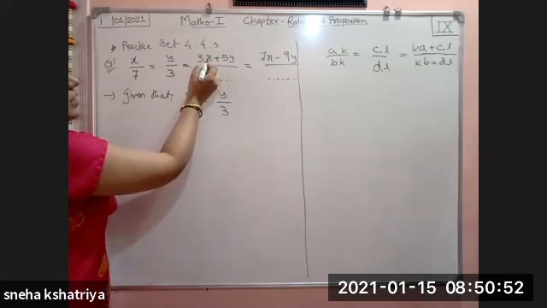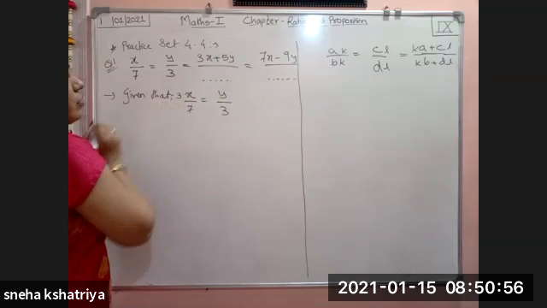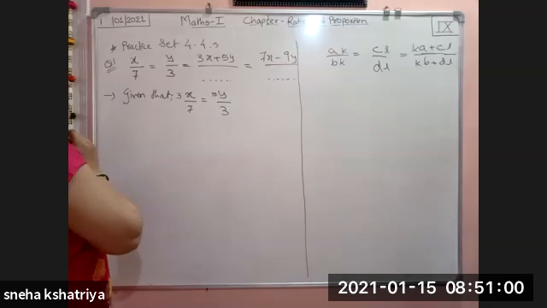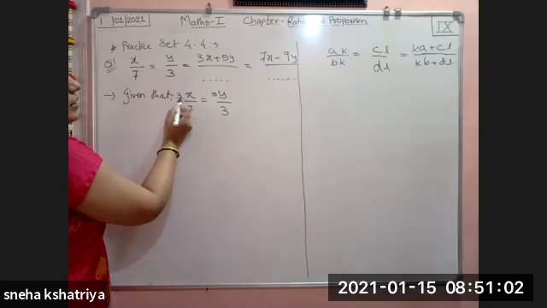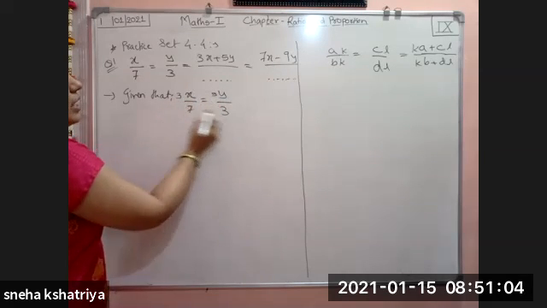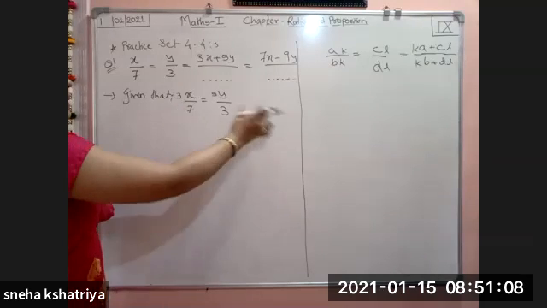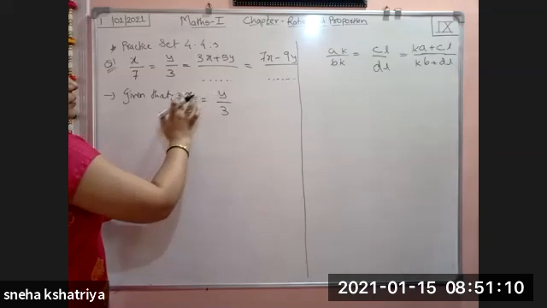But whatever result we want, x is multiplied by 3, so here we have to multiply by 3, and y is multiplied by 5, so here we have to multiply by 5. See here, we get 3x and 5y. If we add them, the same operations will be done on the denominator side, so we will get our value.